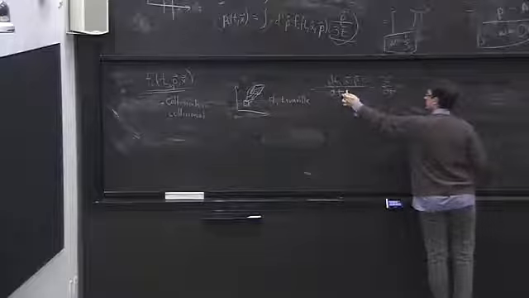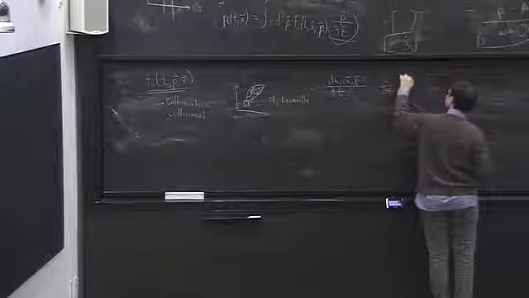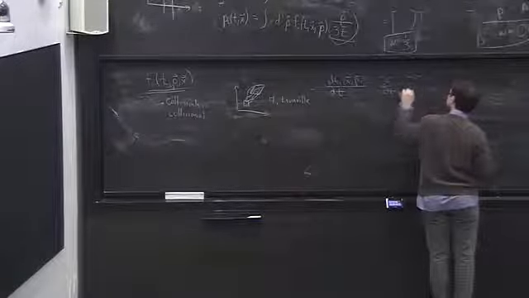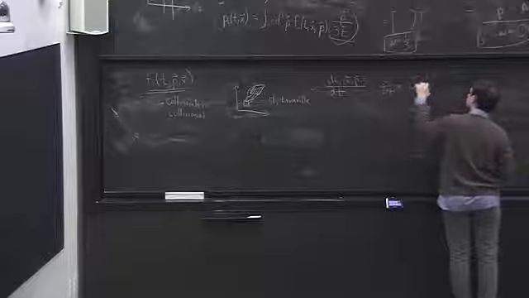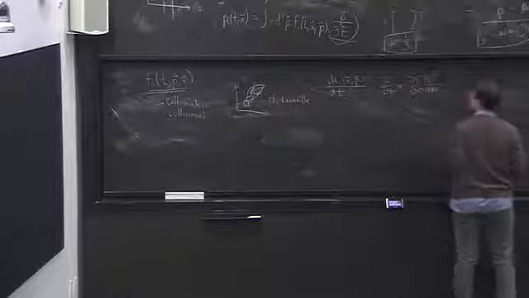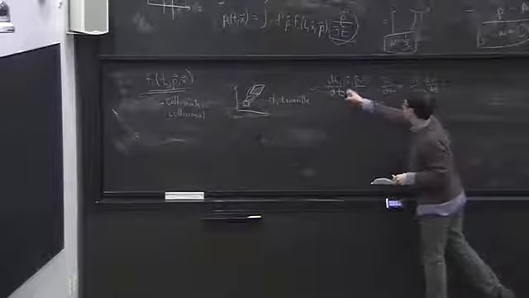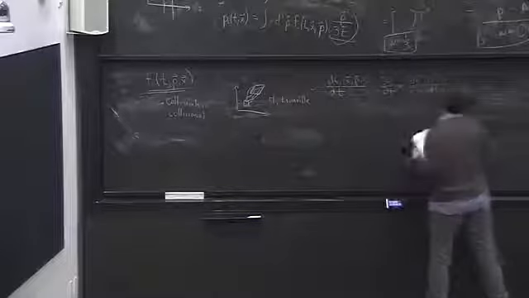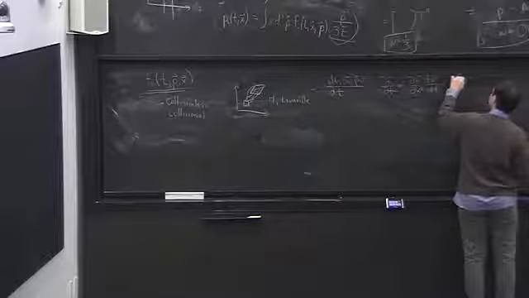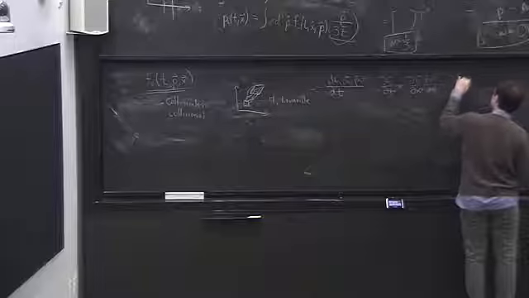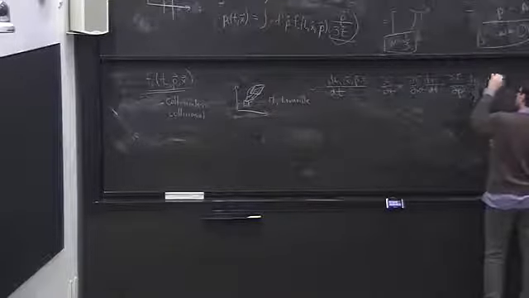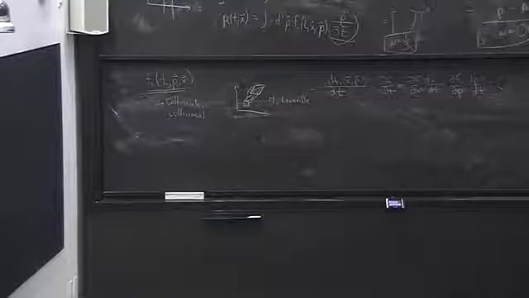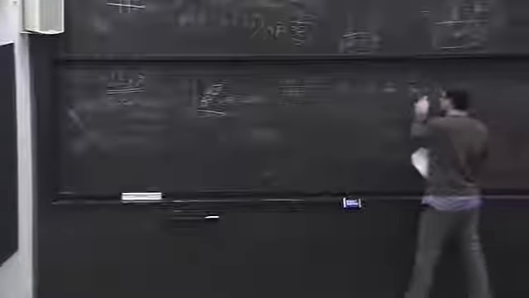And then there's another term from taking the partial derivative with respect to x sub j, times, by the chain rule, the total derivative of x sub j with respect to t. And then we need to take the derivative with respect to p. Okay, so that's the collisionless Boltzmann equation.